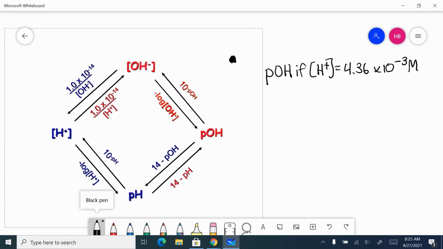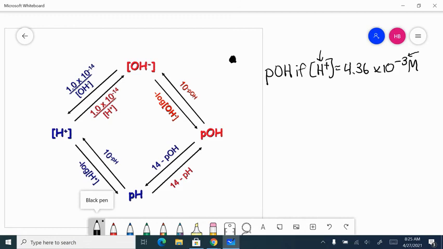Now, let's talk a second about asking ourselves if these are reasonable. So I'm going to look at this and be like, okay, this power of hydrogen here, because this is hydrogen and this is the power, is 3. That tells me that this is an acidic solution.